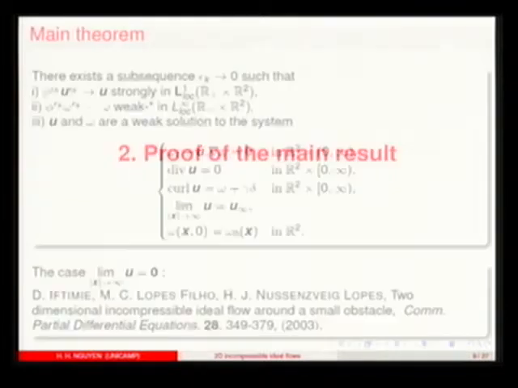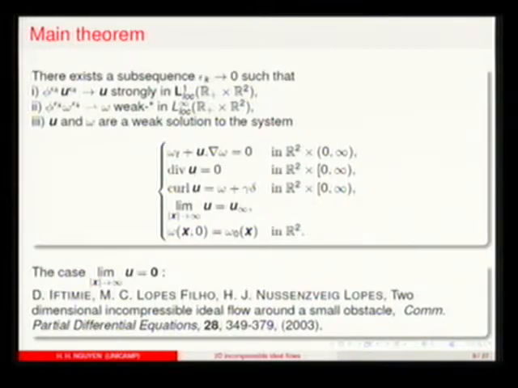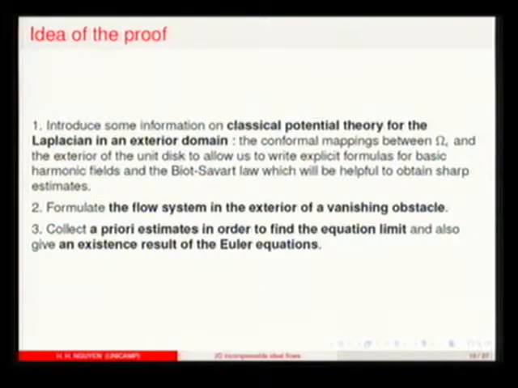Now, I will show how to prove this theorem. First, we will do three steps. Here I will introduce some information on potential theory about the Laplacian in the exterior domain. And we will construct the conformal mappings between the omega epsilon and the exterior of the unit disk.